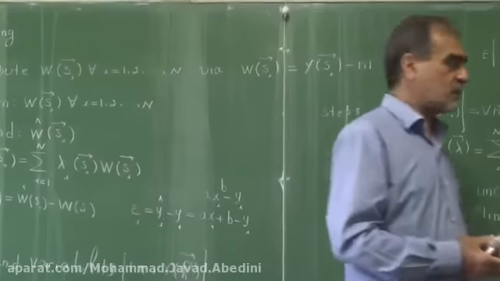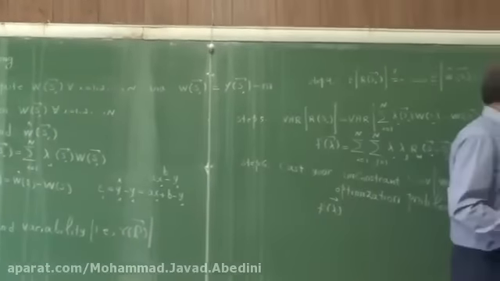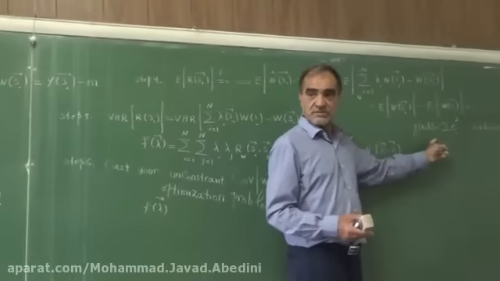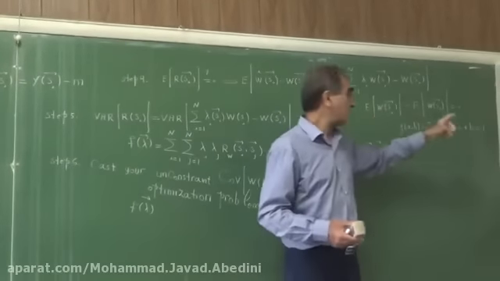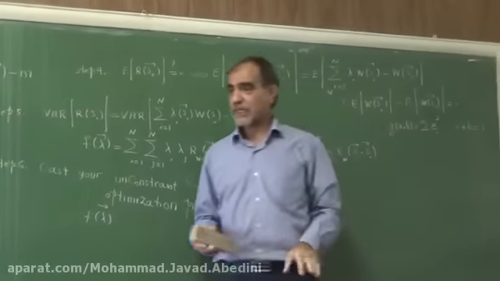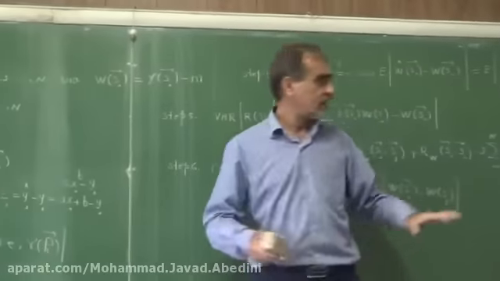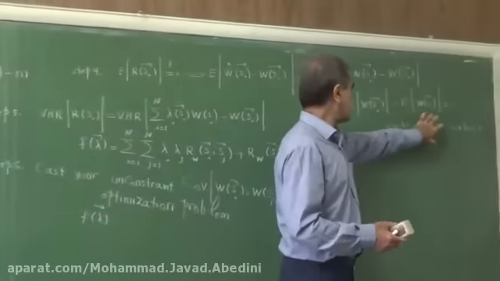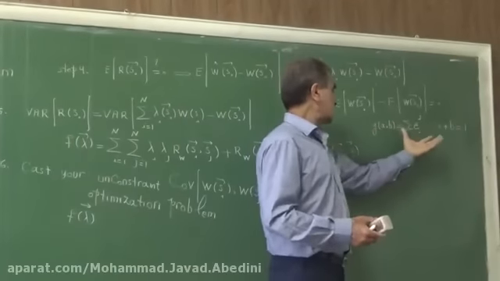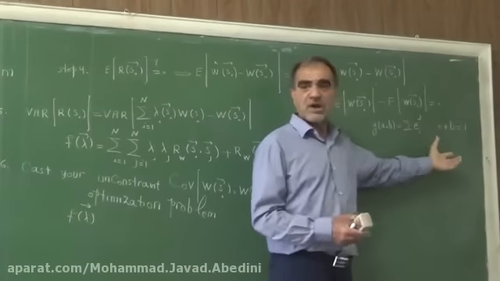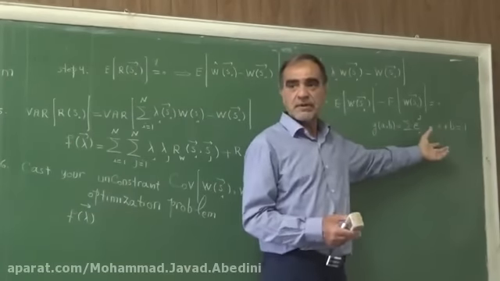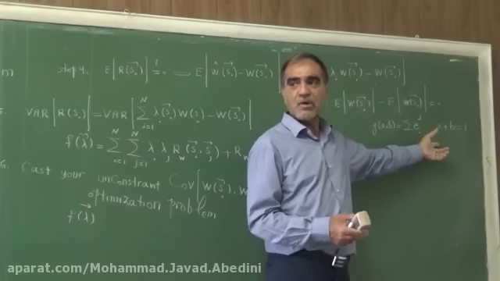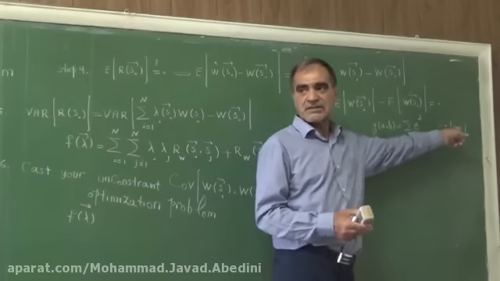What happened? You want to minimize this objective function, and you were told that A plus B is equal to 1. Here, it is called a constrained optimization problem.